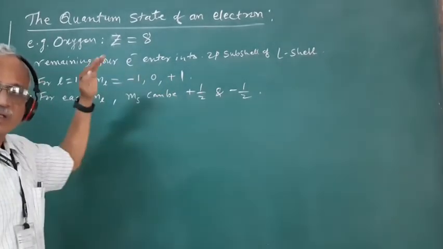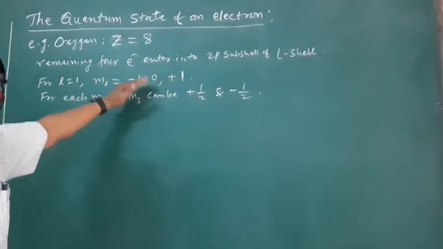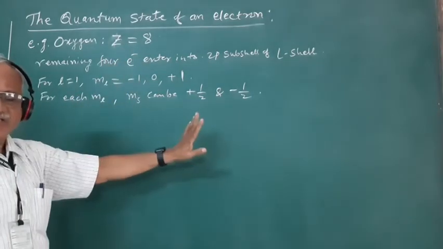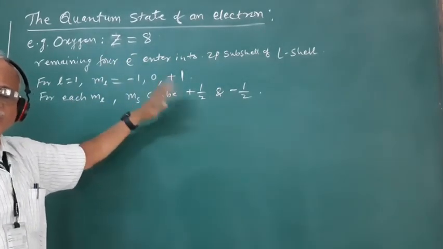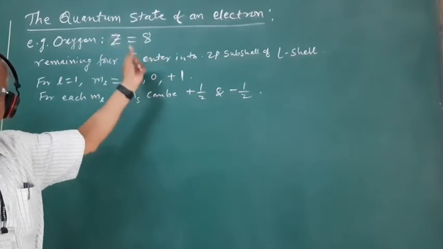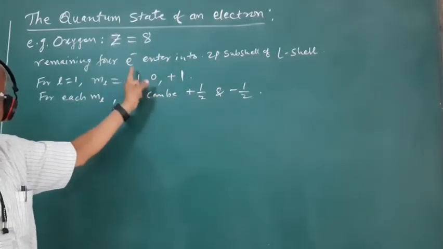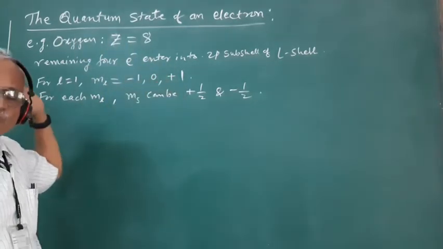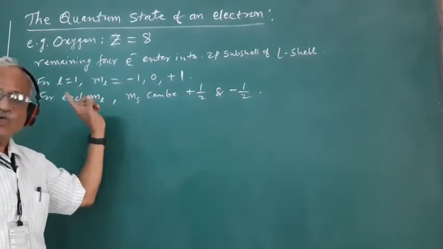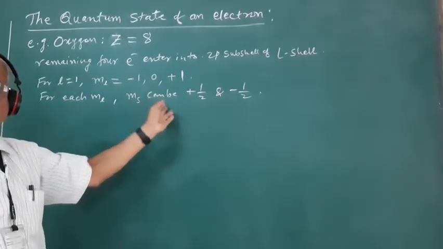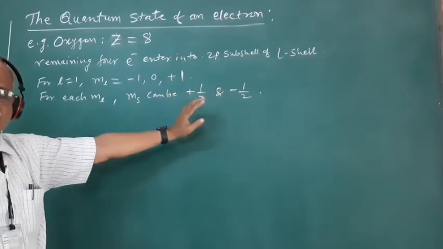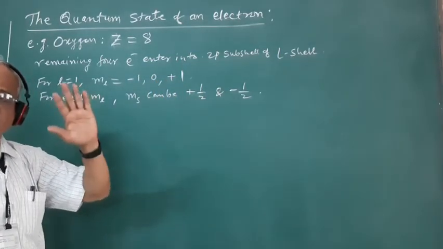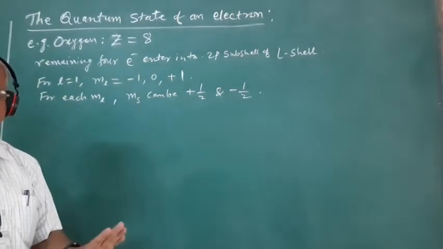But for oxygen, in all there are 8 electrons, out of which 2 electrons are accommodated in the 1s level of the K shell, 2 electrons are accommodated in the 2s subshell of the L shell, and there are only 4 electrons left.